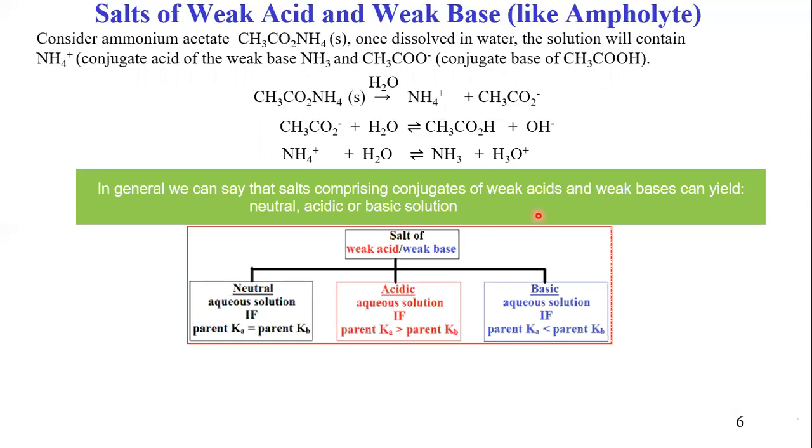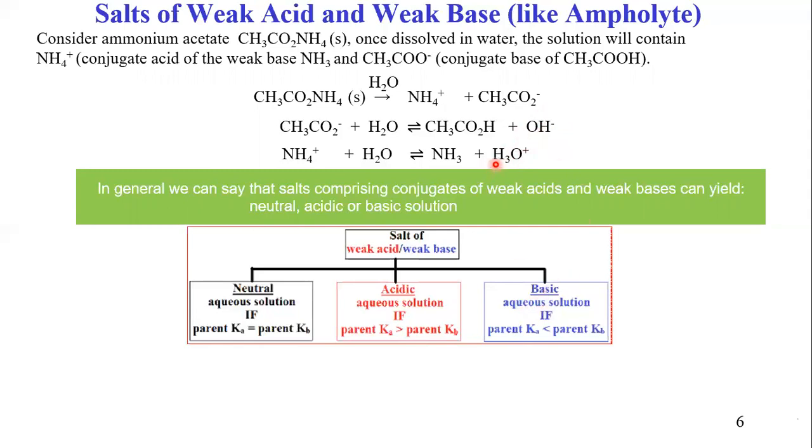Now, I can calculate the exact pH, and I'm going to show you the equation, but we can also get an idea about the acidity or basicity of the solution qualitatively, I mean, without knowing the exact pH. So for example, in this case, if my Kb is greater than my Ka, then I get more OH minus ions than H3O plus ions, and therefore I get a basic solution.